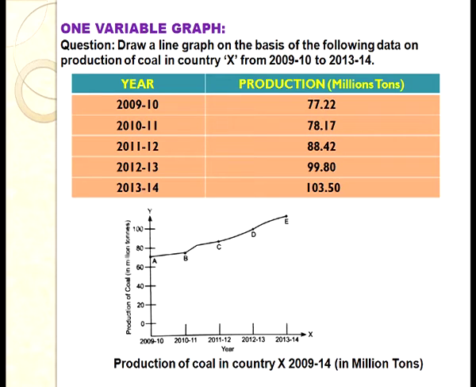In this case, we have plotted point C. Likewise, for 2012 to 13, the data is 99.80. We have plotted the point D for the year. In the last, 2013 to 14, it's 103.50, that is point E. Once you have plotted the points A, B, C, D, E, then join these points with the help of a scale, and in this way you will get a one variable graph.